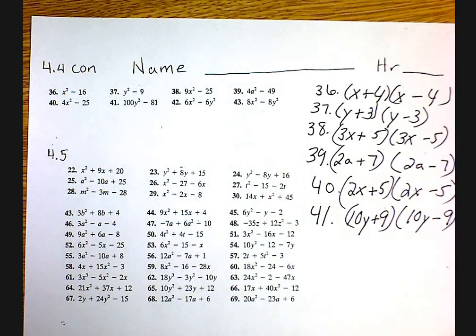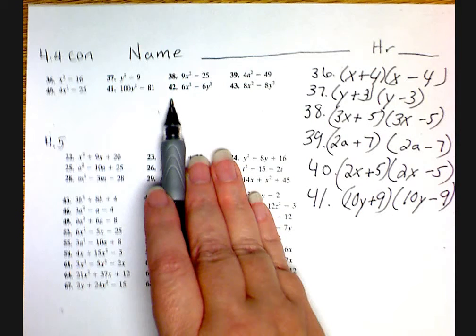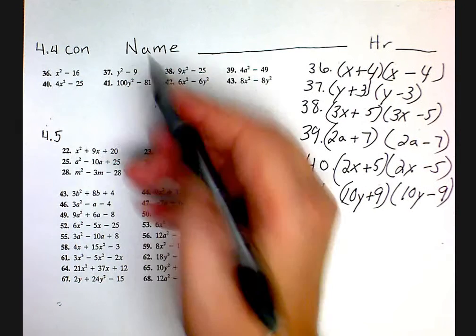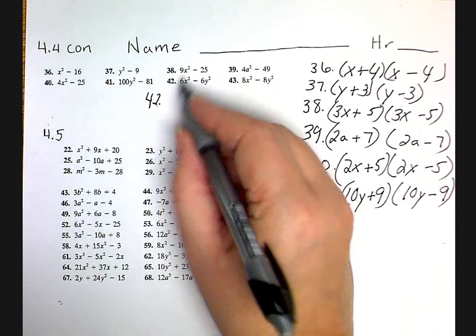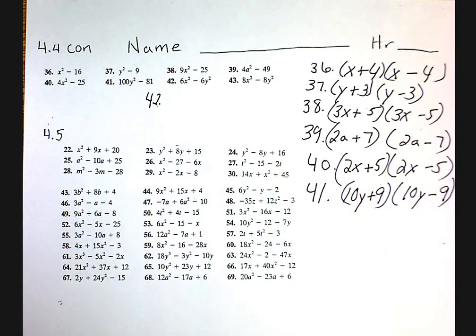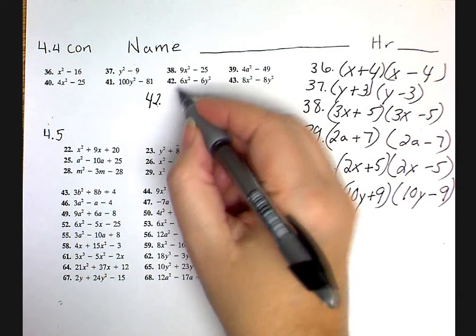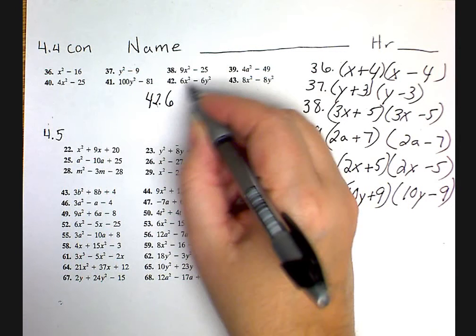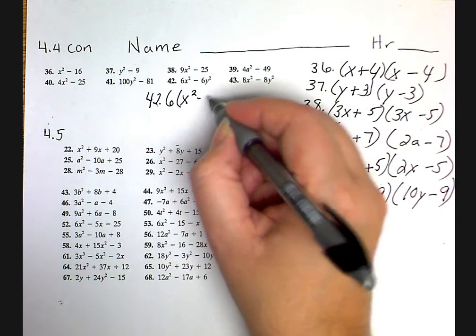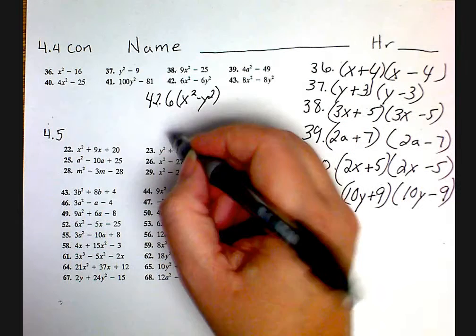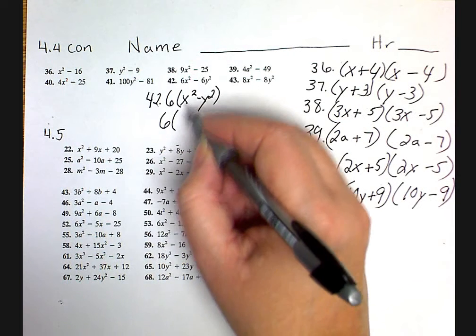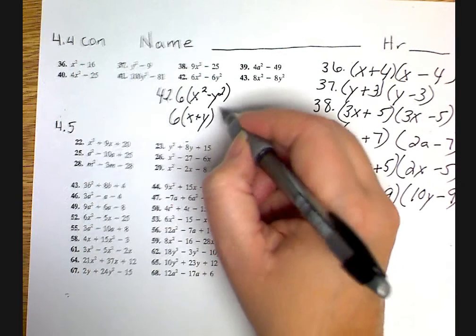On 42, just in case you didn't do 42, what you have to do is take out what's in common first, because 6 is not a perfect square. So you take out that 6 and you have x squared minus y squared. And then at this point you can do the plus and minus. So you'd go 6 times x plus y and then x minus y.